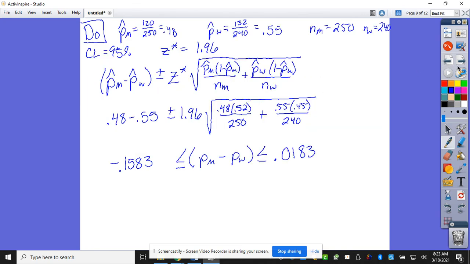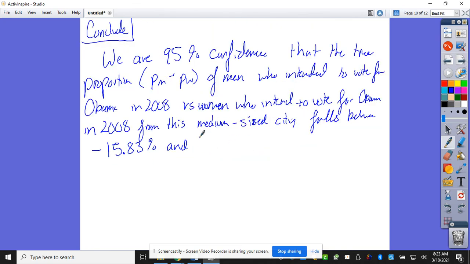It doesn't matter if you write it as percents or not. You can write it that way or as the decimals themselves.